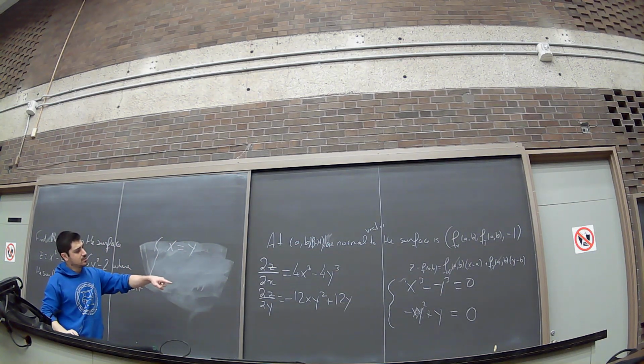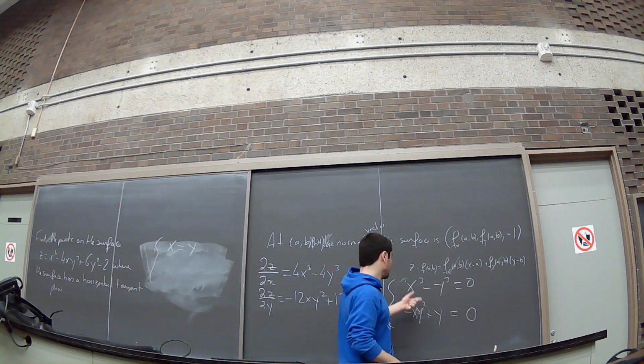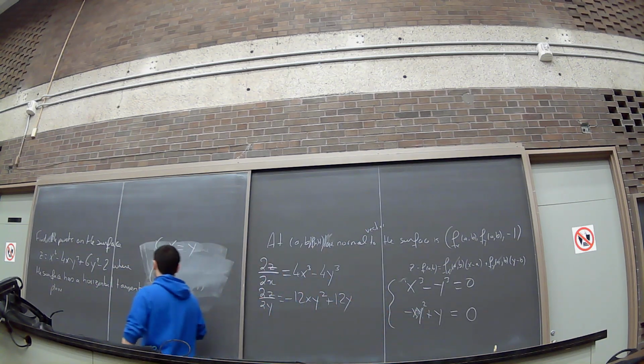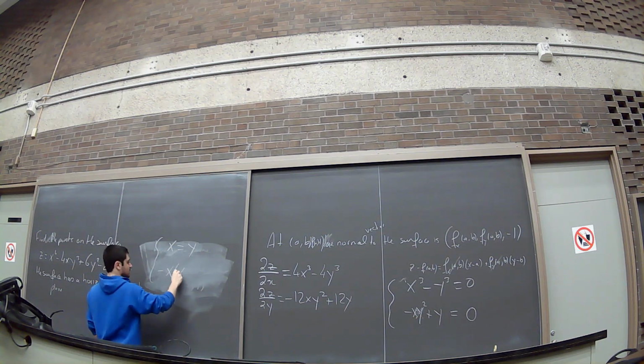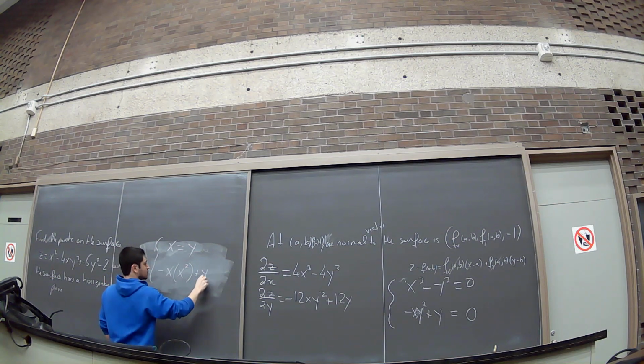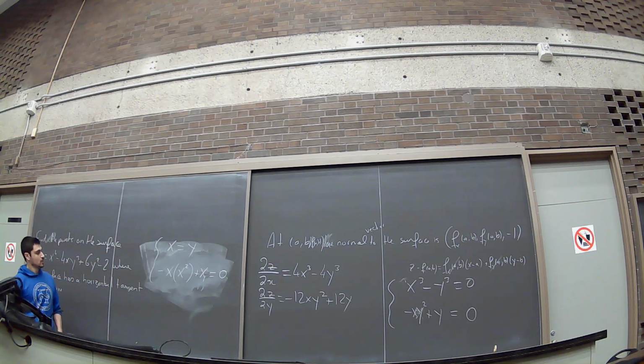Now I put in, let's see. So x is equal to y, which is the simplest. I mean, you can do either way, right? Because they're equal. So what do you get? You get minus x times y squared, which is x squared, plus y, which is x. So I put it here. Is equal to 0. So what do we have?